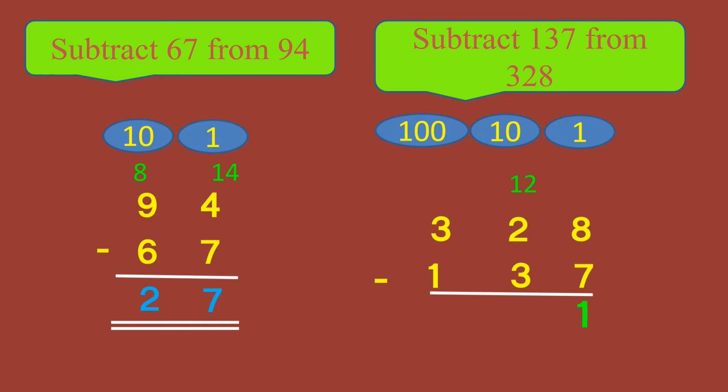Therefore, 10 plus 2 is 12. So, 12 minus 3 is 9. Now there's only 2 in hundreds place. 2 minus 1 is equals to 1. Therefore, we can say 328 minus 137 is equals to 191. We'll move on to another example.